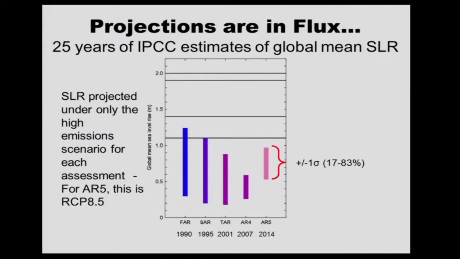We thought we were getting smarter. And then it shrunk like this, and the mean went down. So we thought sea level rise was going to be less, in fact, than we now think. So we thought we were getting smarter, more accurate, more precise, but in fact, in some sense, we were getting stupider. And in the most recent assessment, it's up here. Both the range is increased again, and the mean is about double what we thought last time.